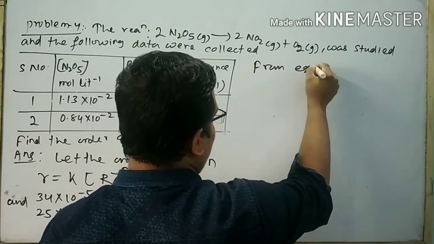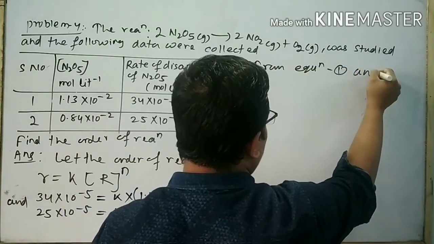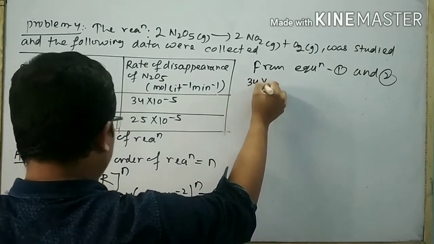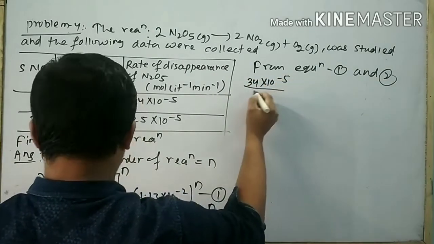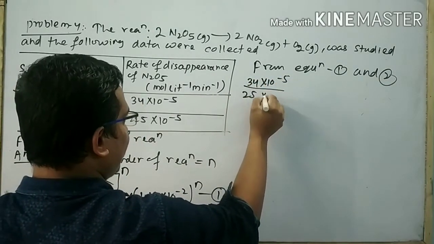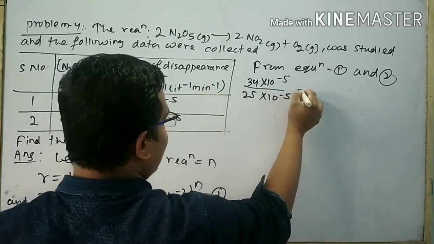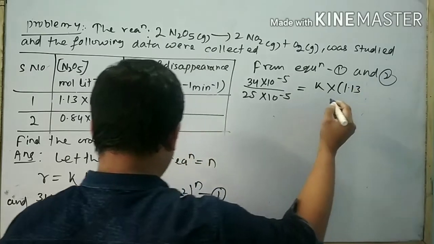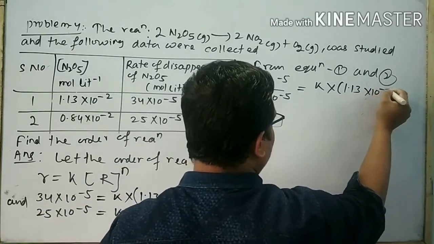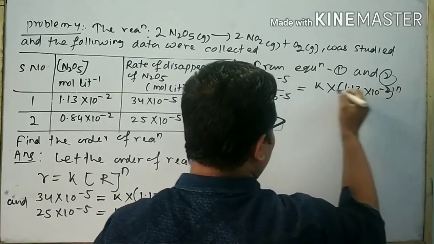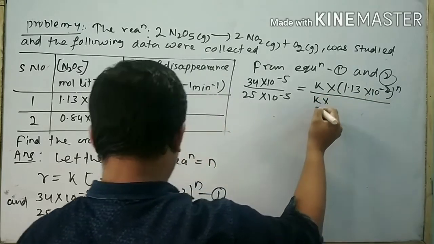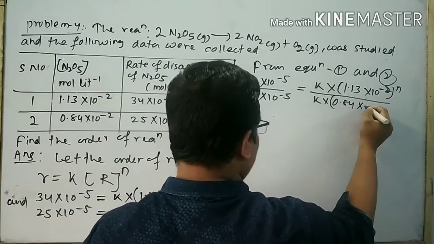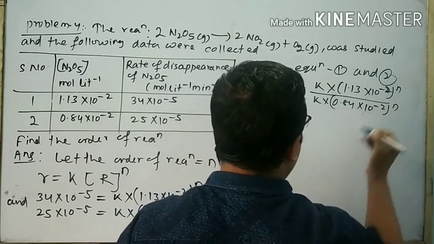From equation 1 and 2, we can write 34 into 10 to the minus 5 divided by 25 into 10 to the minus 5 equal to K into 1.13 into 10 to the minus 2 to the power n divided by K into 0.84 into 10 to the minus 2 to the power n.